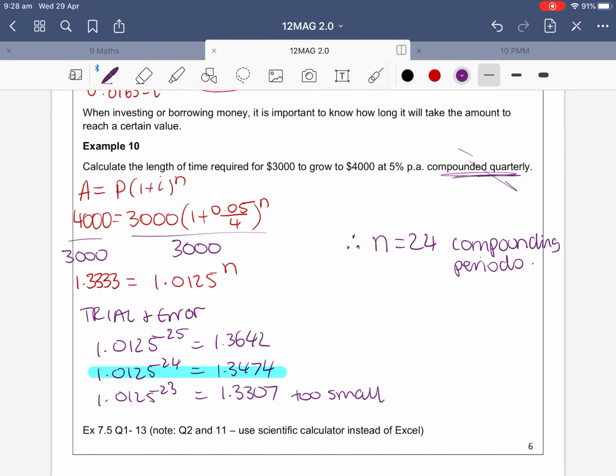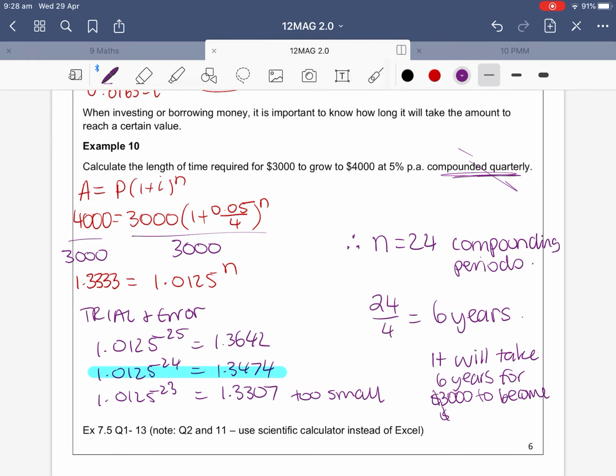And now the thing is, because we have 4 compounding periods a year, because we're compounding quarterly, we can just divide that by 4 and realize that that's 6 years. So in other words, it will take 6 years for $3,000 to become $4,000.